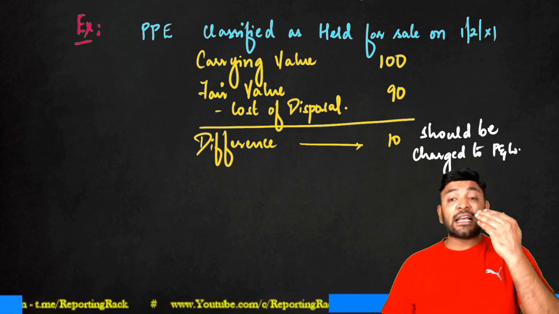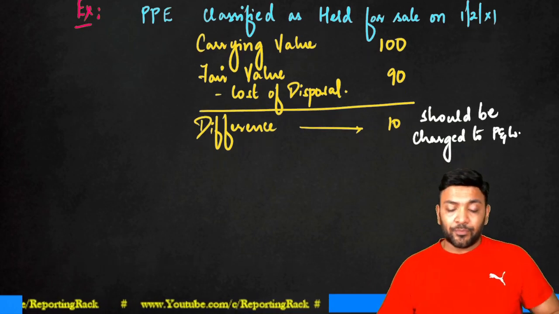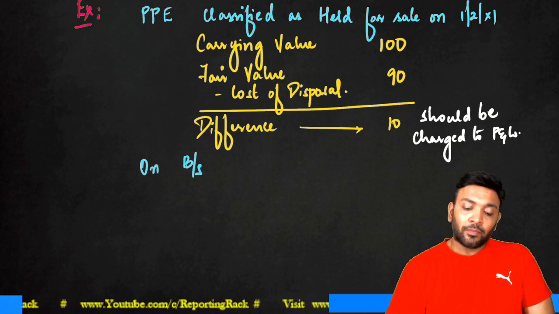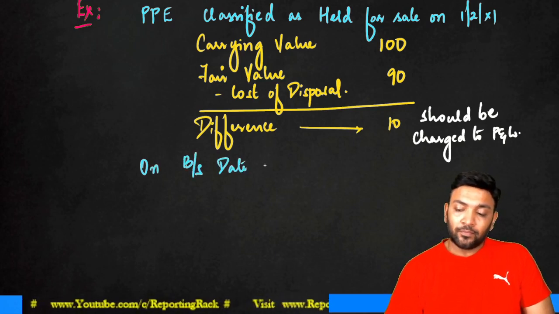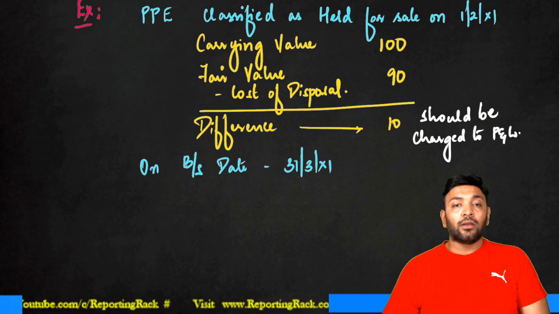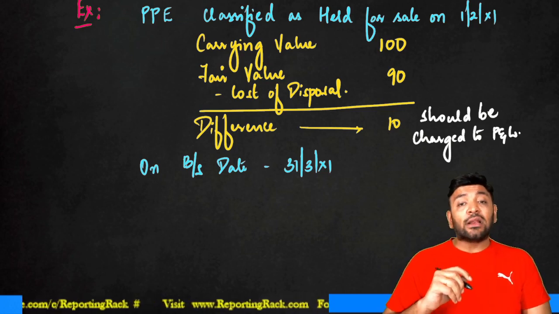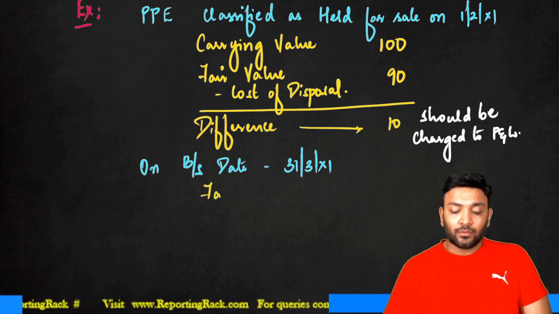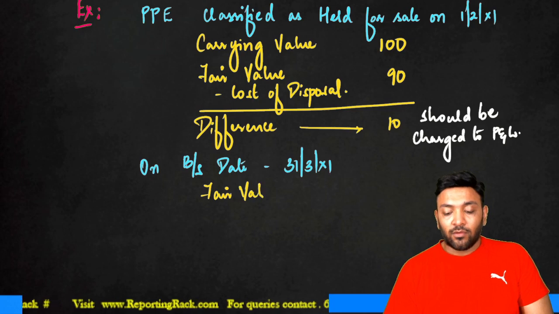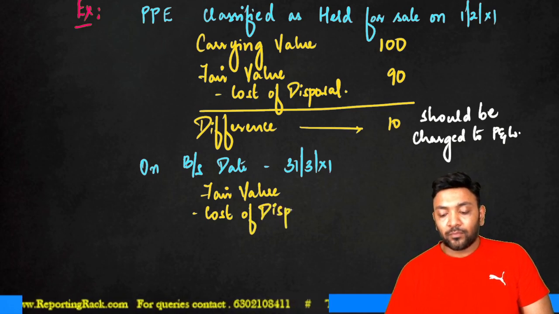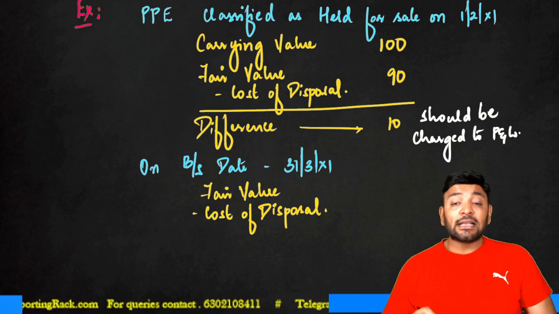However, let's say subsequently on balance sheet date, March 21, the fair value less cost of disposal has increased.